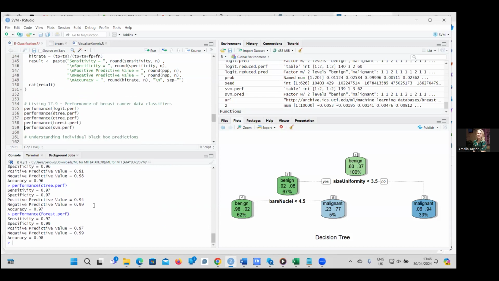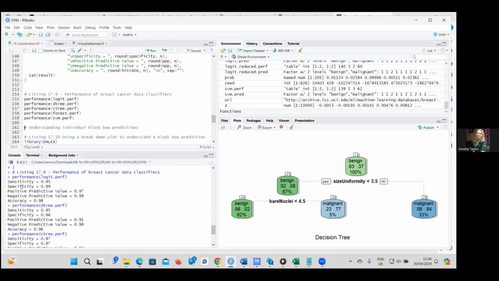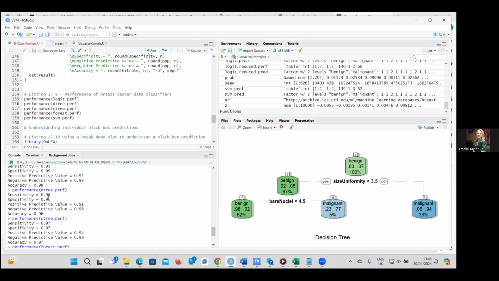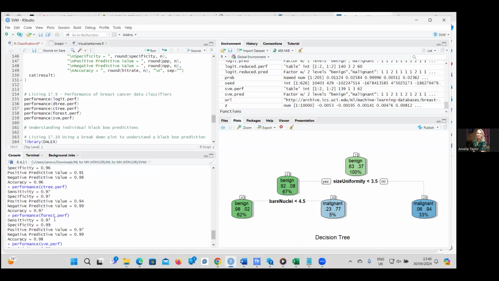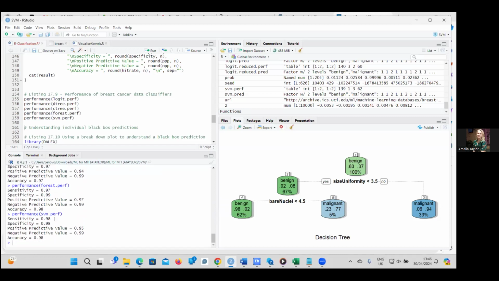You can see a table from which I'm extracting all these measures of accuracy: sensitivity, specificity, the positive predictive value, the negative predictive value, and so on. There's not a lot of difference in terms of accuracy, but again, it depends on the kind of errors that we are willing to live with. That will dictate which model we are going to choose.